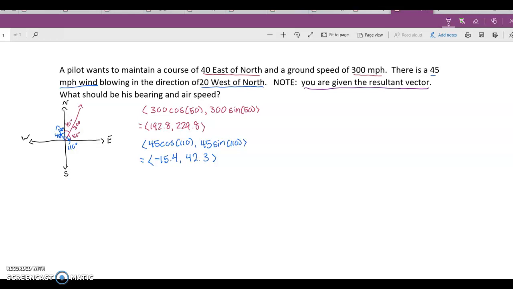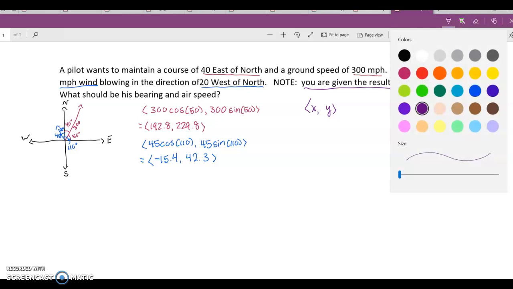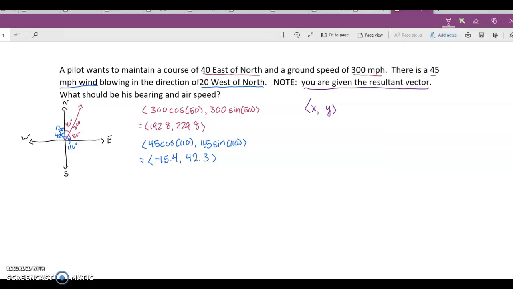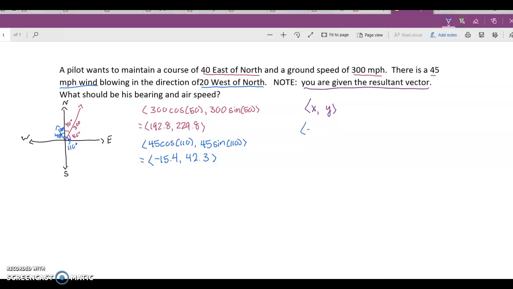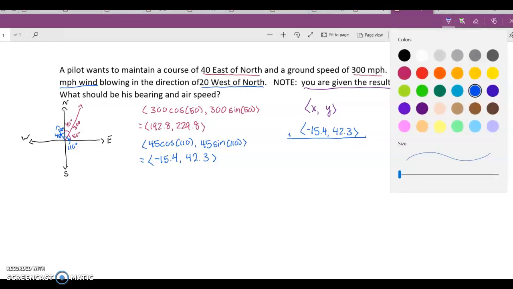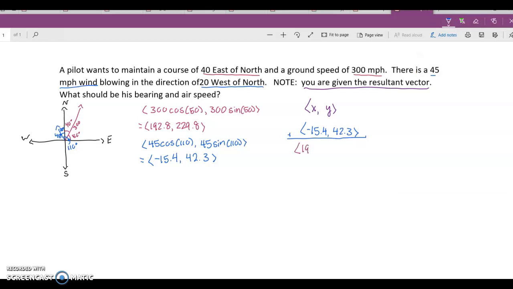So we're looking for a vector x, y, so that when we add it to the vector, oh, not my crimson vector, we're adding it to my blue vector, the wind vector, negative 15.4, 42.3, we will end up with my crimson vector of 192.8, 229.8.